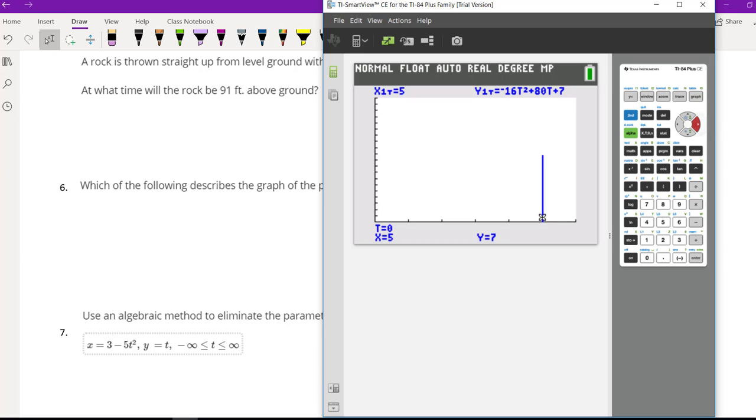So when I trace along this, you can see the y values are getting bigger and bigger. So I just want to see how close I get to 91 if I have to start messing with the t value. And the nice thing is, this problem was designed so it's pretty easy to find. So when t is 1.5 seconds, the rocket is 91 feet.